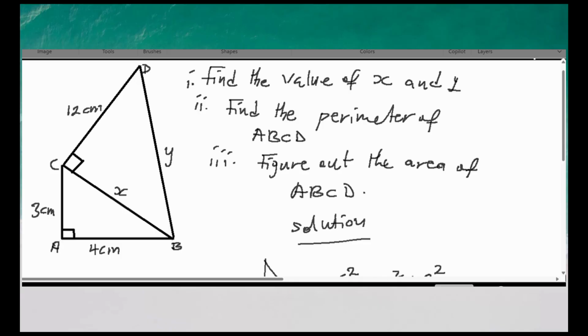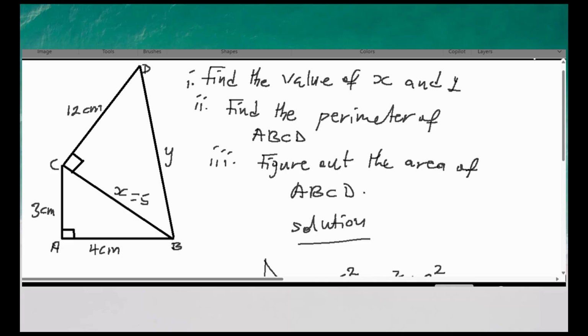And if BCD is a triangle and one of the angles is 90 degrees, then we can confidently say that this is also a right triangle. Since it is a right triangle, we can find the value of y if we know two sides of the right triangle. We just found out that x is 5.